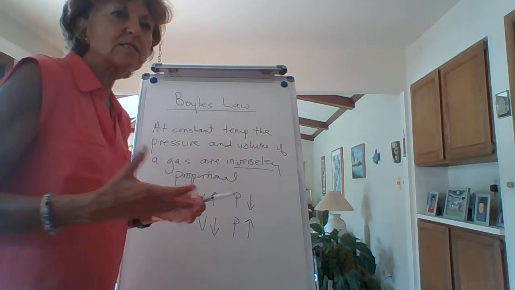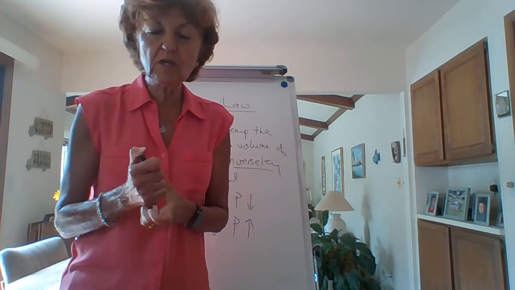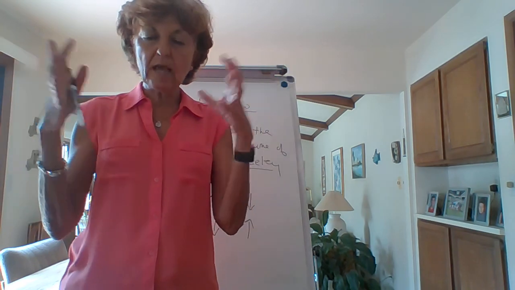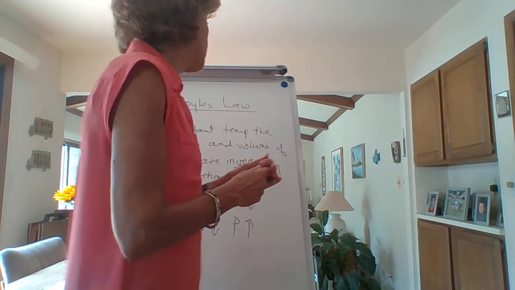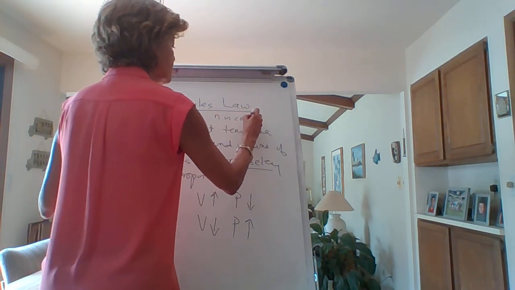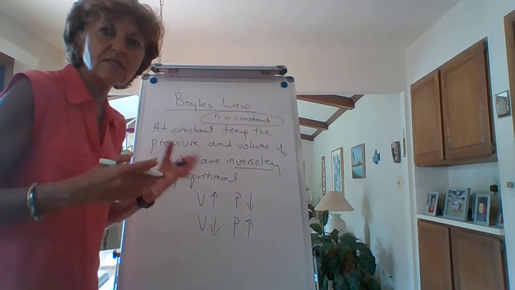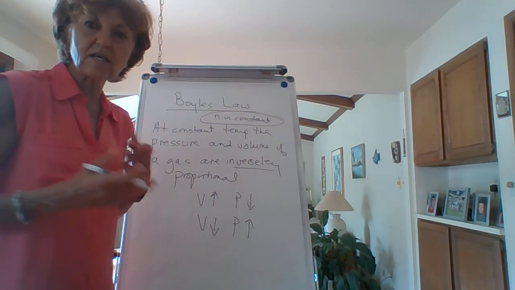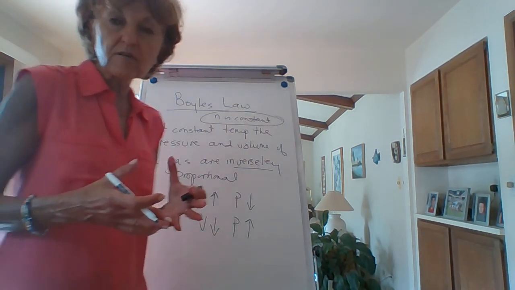Which kind of makes sense because when you think of pressure as force per unit area, if you take a sample of gas, and this is the same sample of gas, n is constant. What do I mean by n is constant? That means the number of moles is exactly the same. We're not changing the amount of gas.